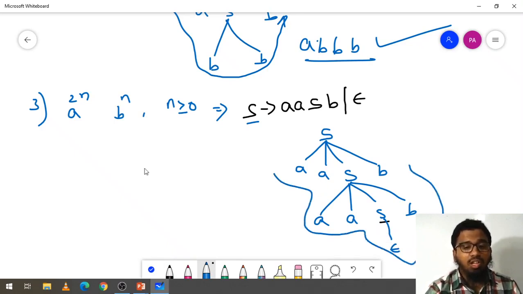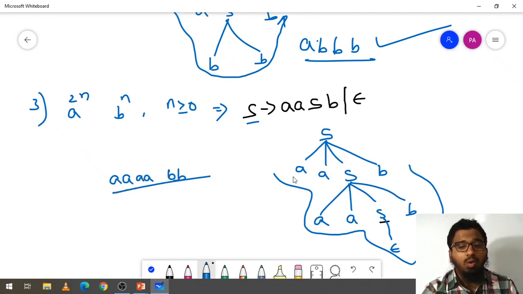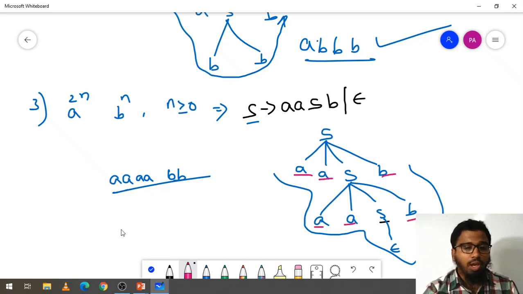What is the answer for this? A, A, B, B. So this is the answer for this equation. Here 2n, like here the 2 is there, so here 4.